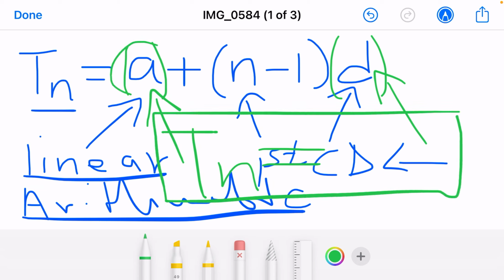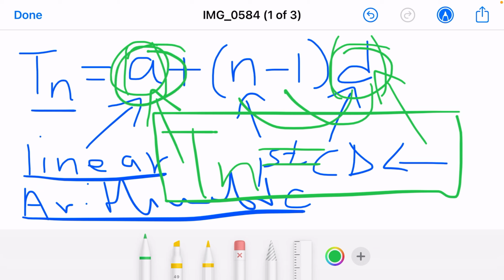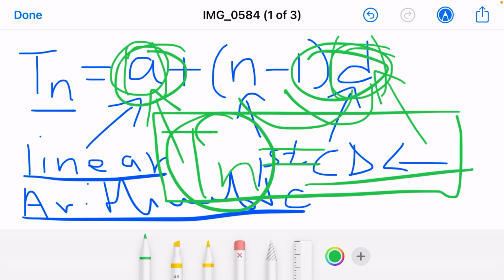Do not just substitute and leave it there. Okay, multiply, work out the like terms if there are any, and then from there write the final formula in the form of Tn equals to a simplified formula. Massively important, ladies and gentlemen.